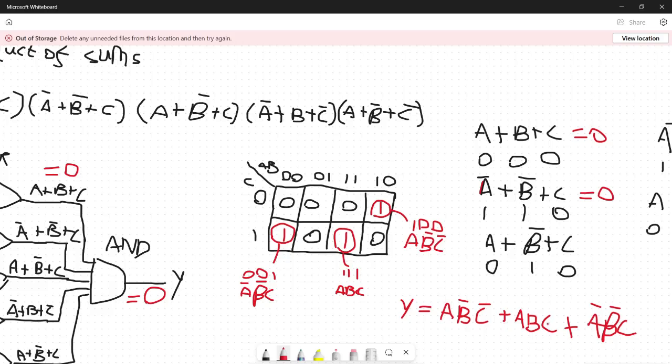This is going to be 3 AND gates combined as an OR gate. And this is a SOP expression, sum of products. So we are adding products.